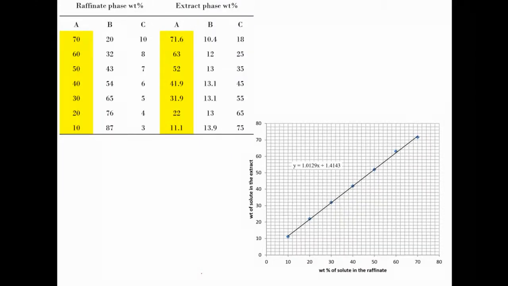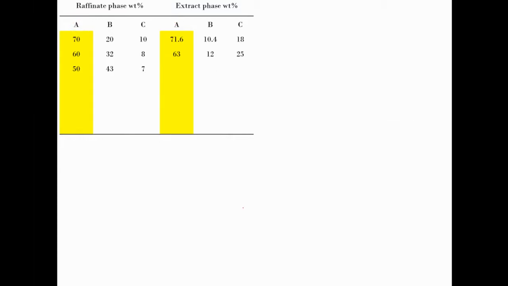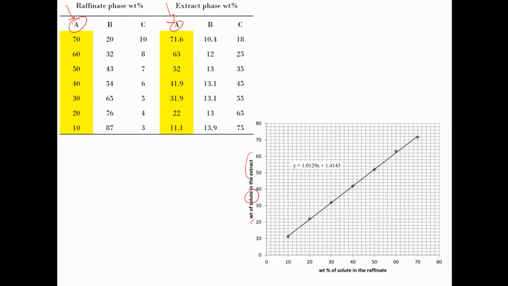We use the extract and the raffinate composition of the solute. This is the extract with the percent of solute in the extract, which is this one, and this one is going to be this value. So you will end up with this straight line. You will need this one in the next slide here.